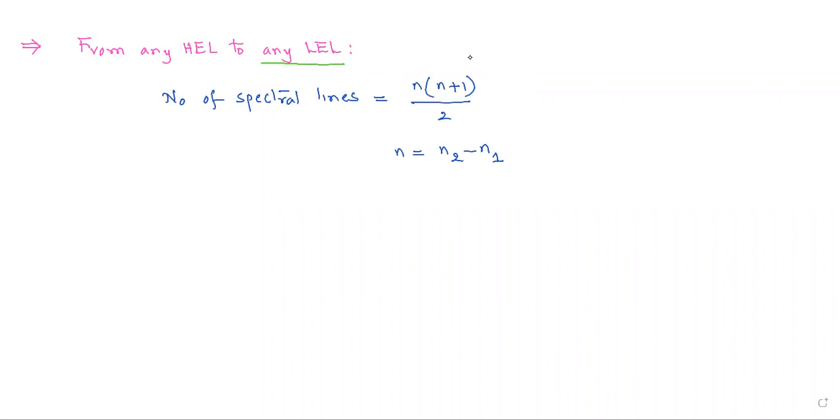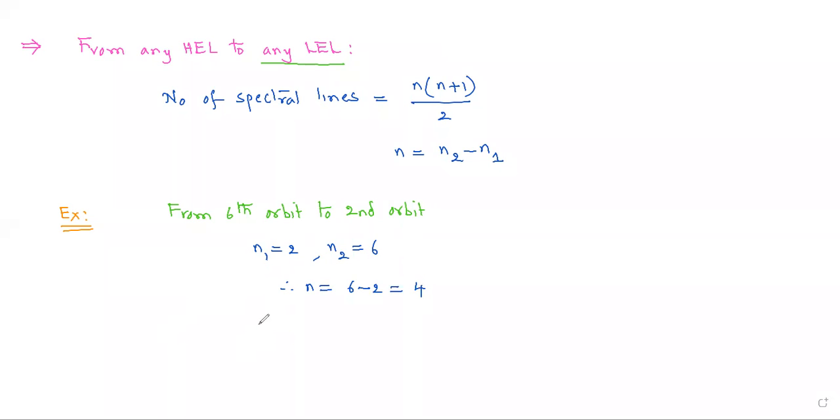Let me give you an example. Say from the 6th orbit to the 2nd orbit. Here n1 is always lower and n2 is higher, which is 6. So what is your n here? n is n2 minus n1, nothing but 4.